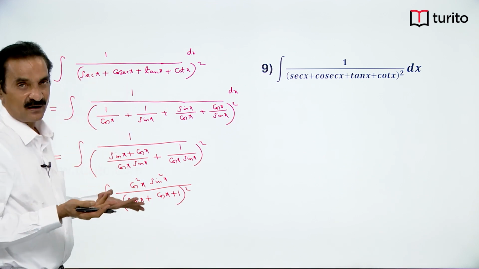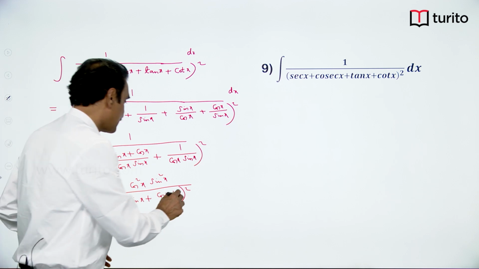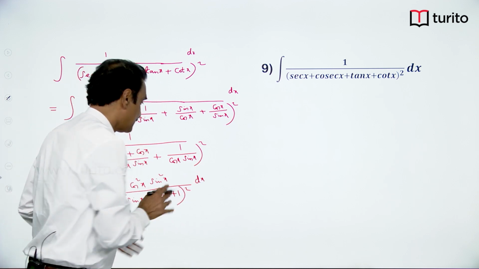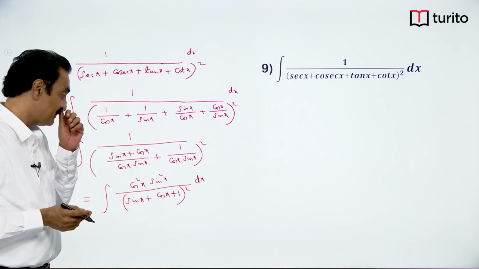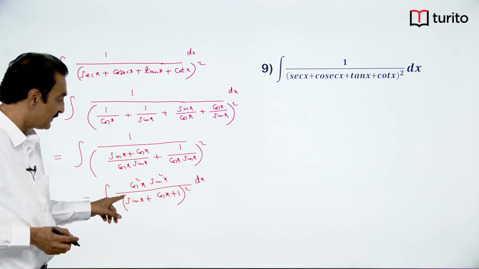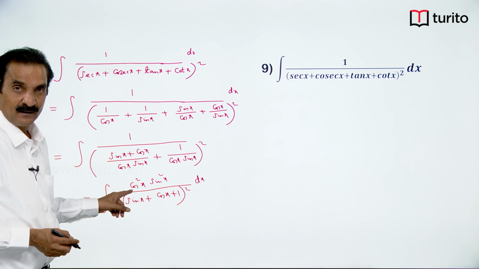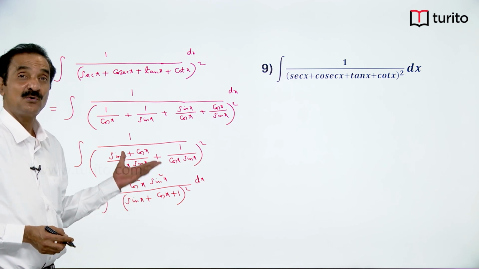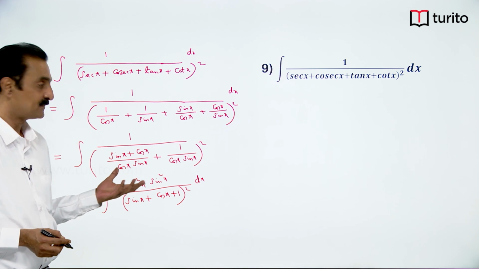Okay, we cannot simplify further. Now, what to do? If you multiply and divide by 2 square, this becomes 2 sin x cos x whole square, which is sin square 2x.